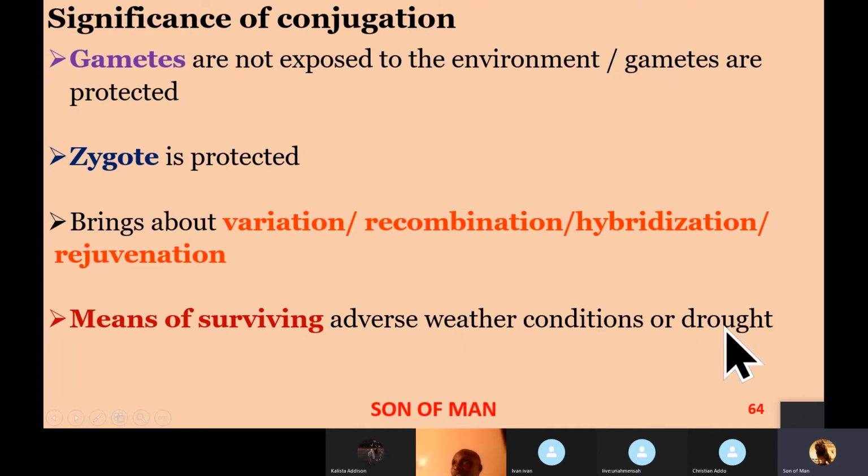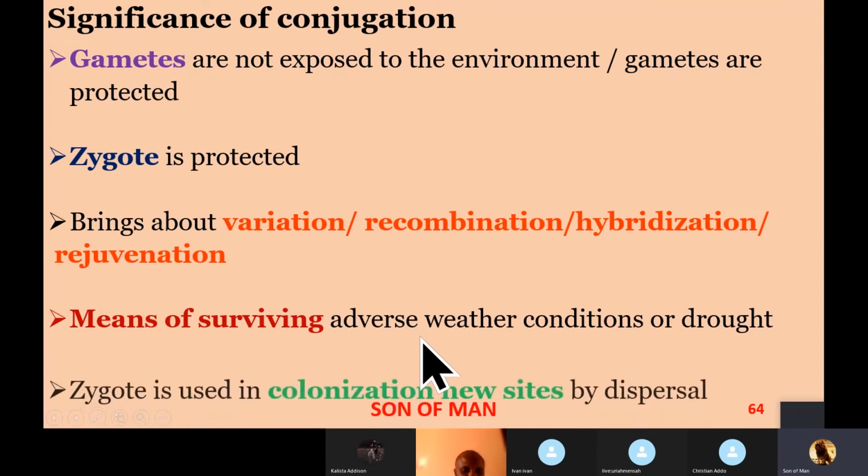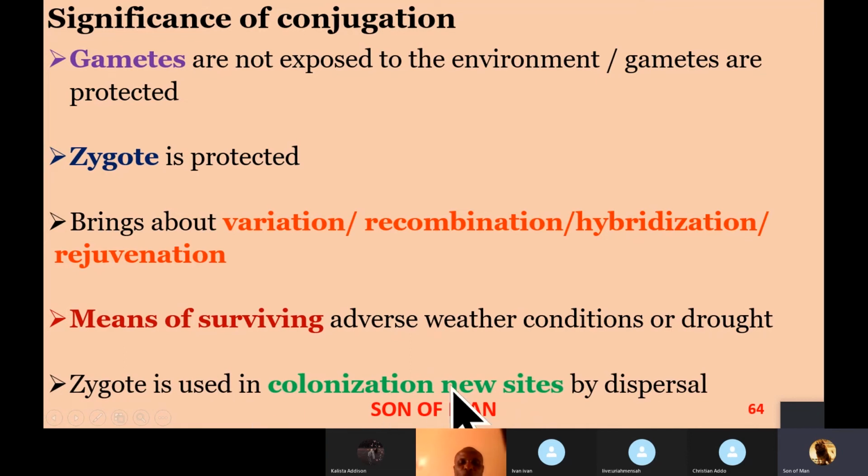So if the ditch, the pond, or the freshwater environment is drying out, conjugation must occur so that the zygospore will be there for some time. Then if we got water in its environment, then it will begin to germinate. Then the zygote is capable of colonizing new sites because wind current can blow the zygospore away from the dry original environment to a different place.